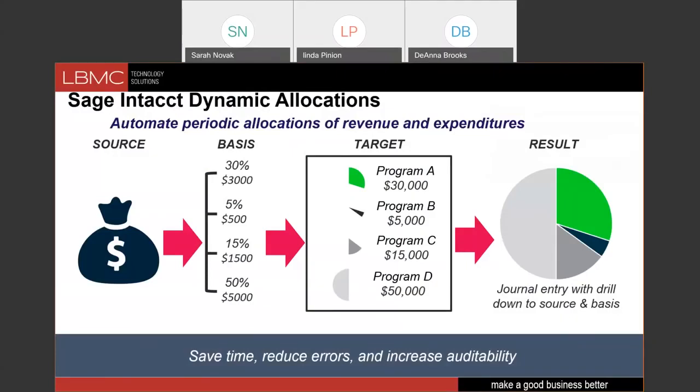But one of the things that I want to point out is that at the end of the month, for lots of companies, they are looking at some closing entries to close out the books. And one of those is usually preparing, and if you're not automating this, you're doing this manually, preparing those journal entries to allocate revenue and expenditures.